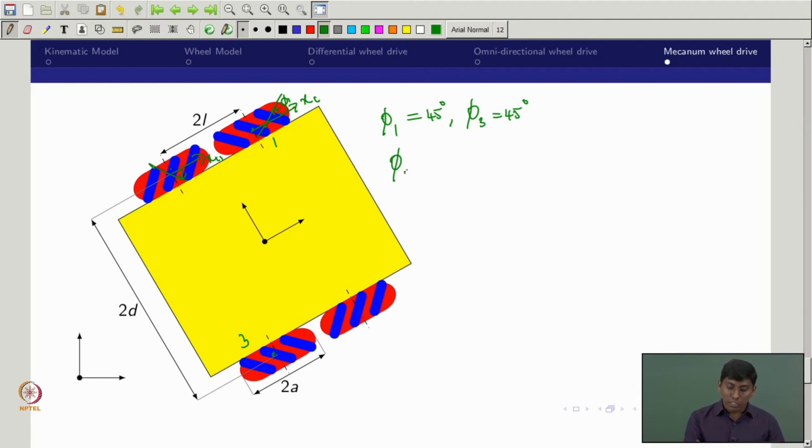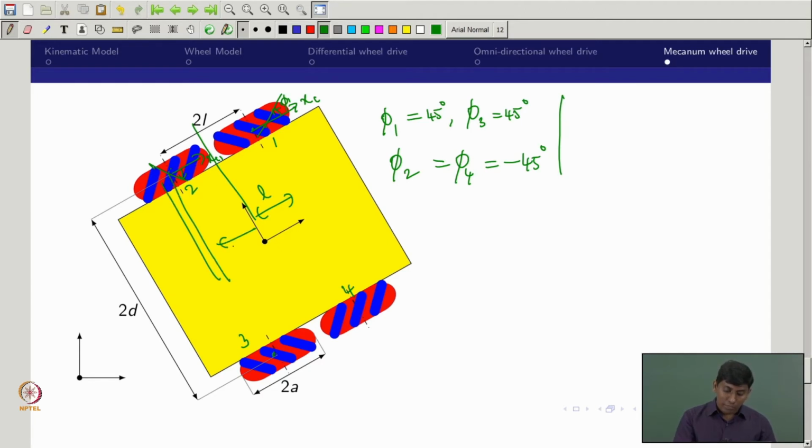That is why phi 2 and phi 4 we have taken as minus 45 degrees in lecture 8. Now you got it, right. So now what do we need? We need the distance. This is symmetric, so this is L and this is minus L.